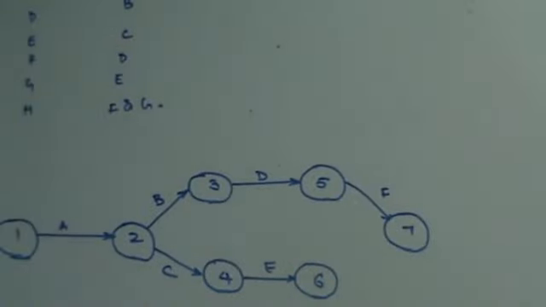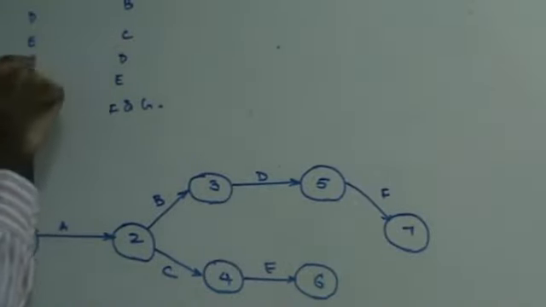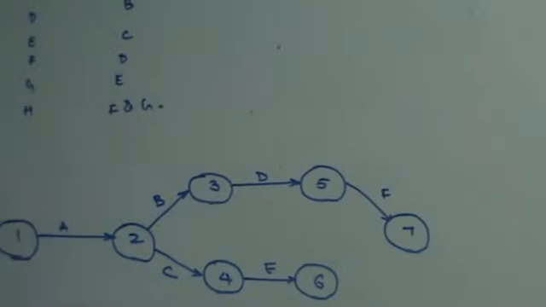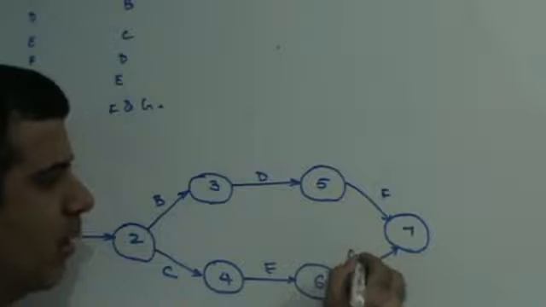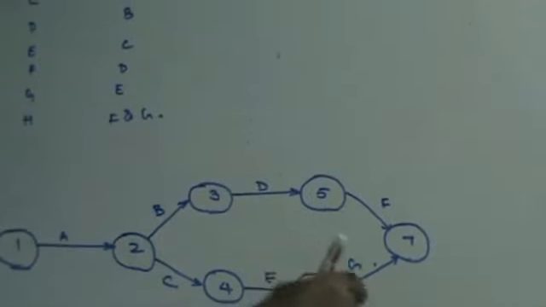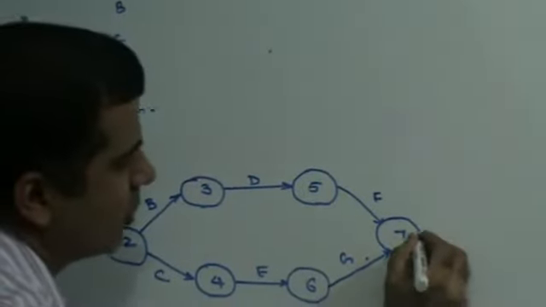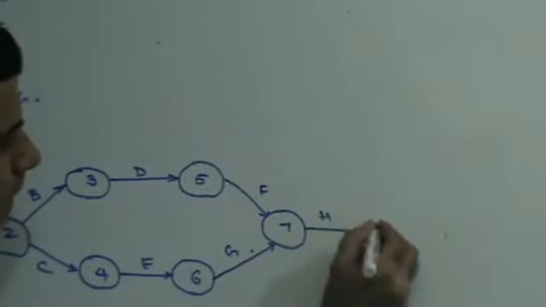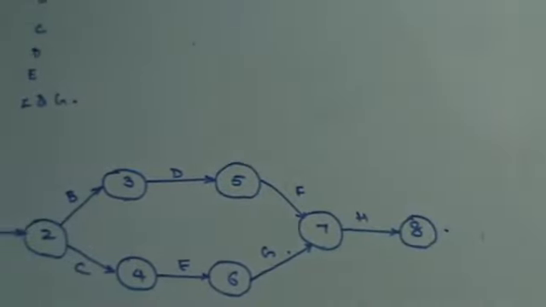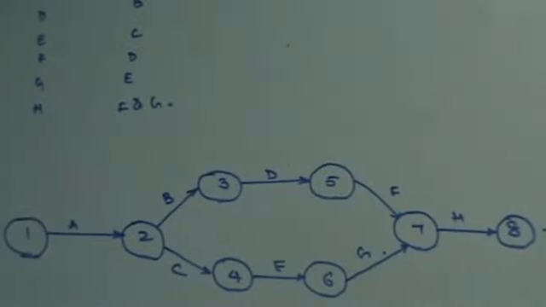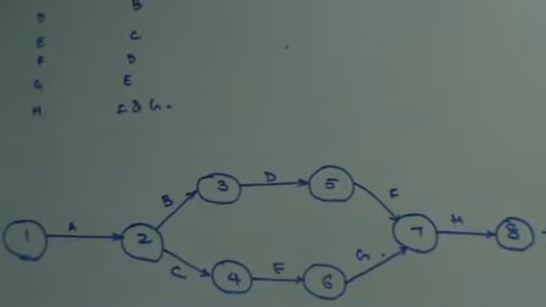In that case this will be 7. E leads to G. And F and G combine together to give you H. That is your network diagram. So you have to just go on seeing the activity and placing them.